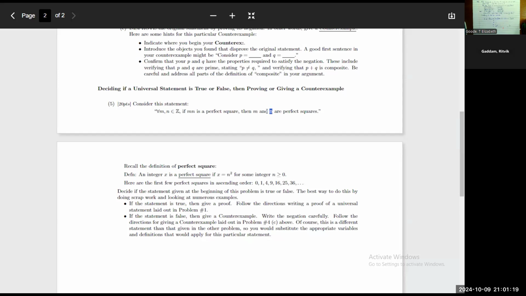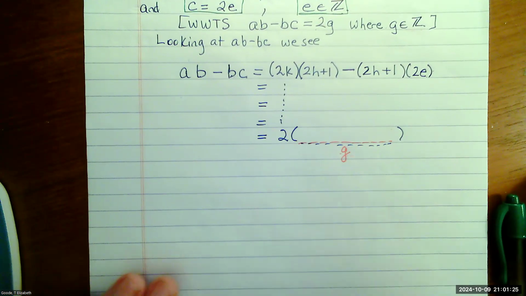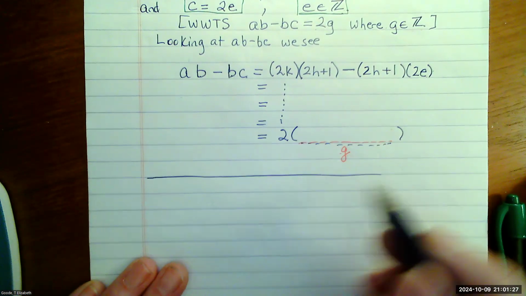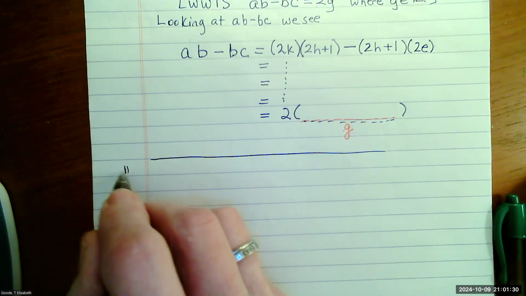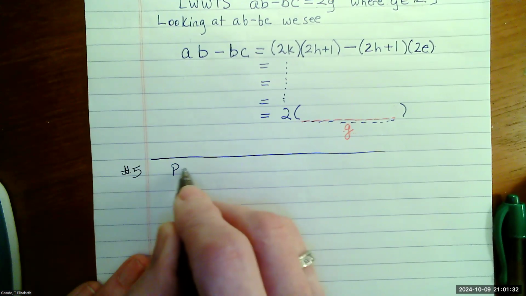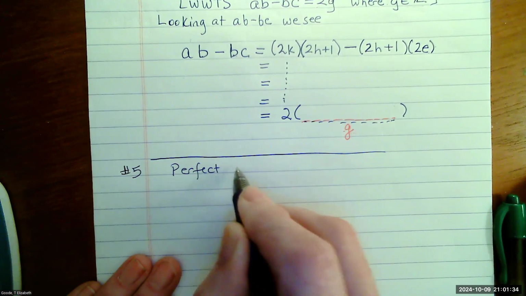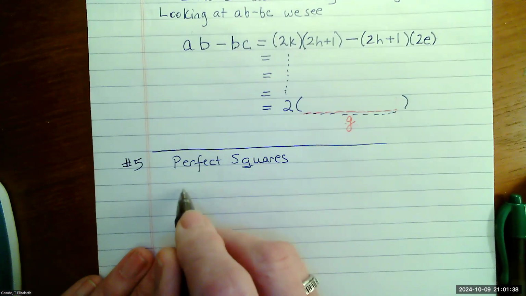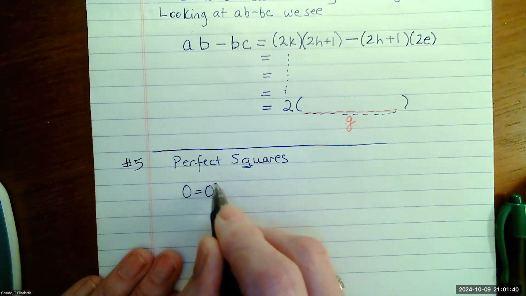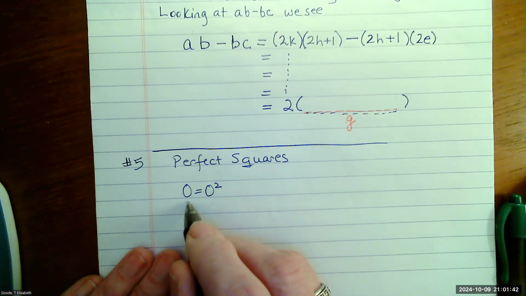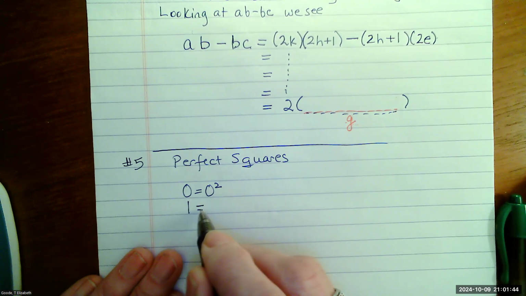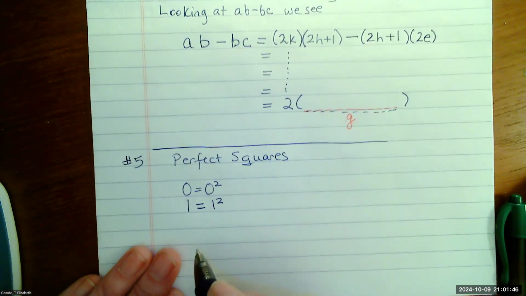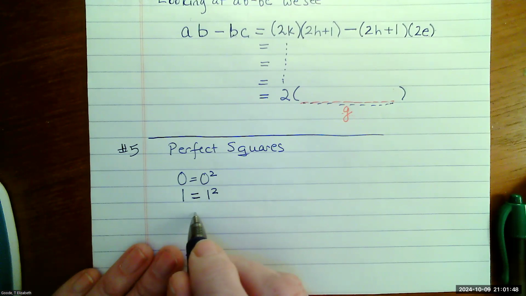So let's look at some perfect squares. If we start listing the perfect squares, starting with the smallest one, which is 1, obviously. Actually, 0 is a perfect square because it's equal to 0 squared. Then 1 is 1 squared. What's the next perfect square?